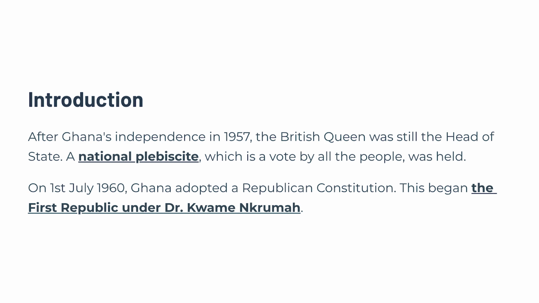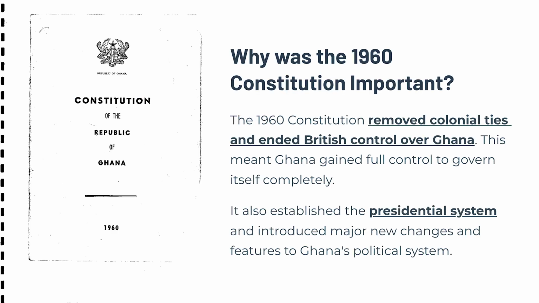If you are unsure why this was important, here's the answer. The 1960 Constitution was important because it removed colonial ties and ended all British control over Ghana. This allowed Ghana to officially govern itself fully without foreign influence. The Constitution also introduced a presidential system, giving Ghana a new political structure.